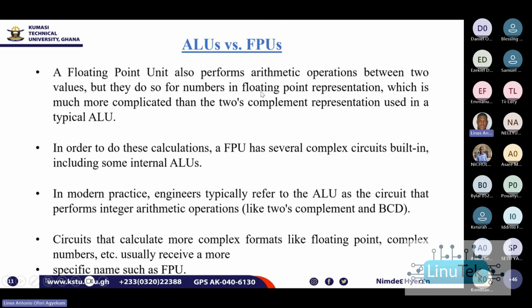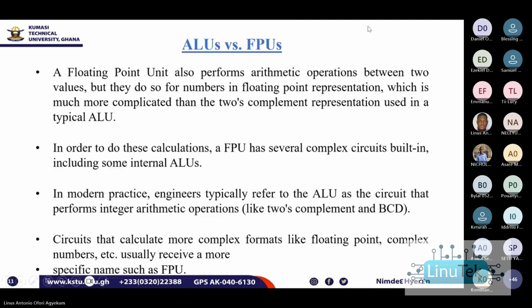Now, there is something you need to understand. So long as we have ALUs, or arithmetic logic units, which are capable of performing integer arithmetic operations, then there will be the need to have another processing unit which is used to perform operations on what we call floating points.